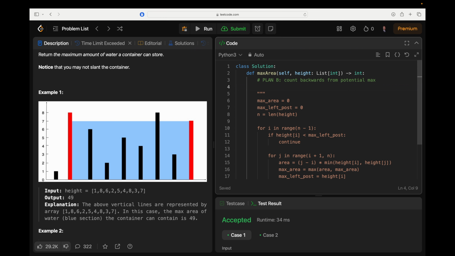That could work. But how? So we calculate the theoretical max. Step 1 is take n times max height.